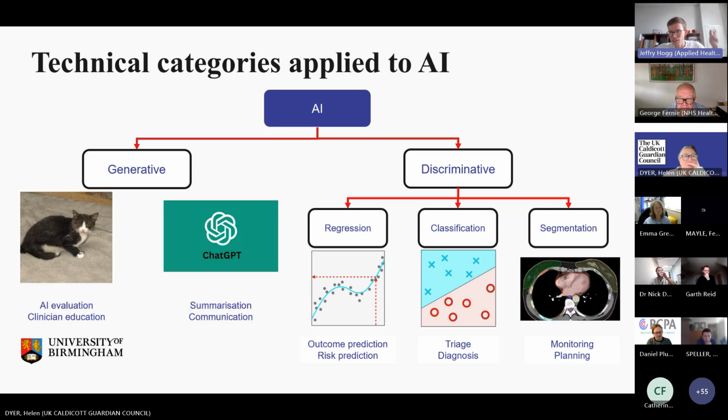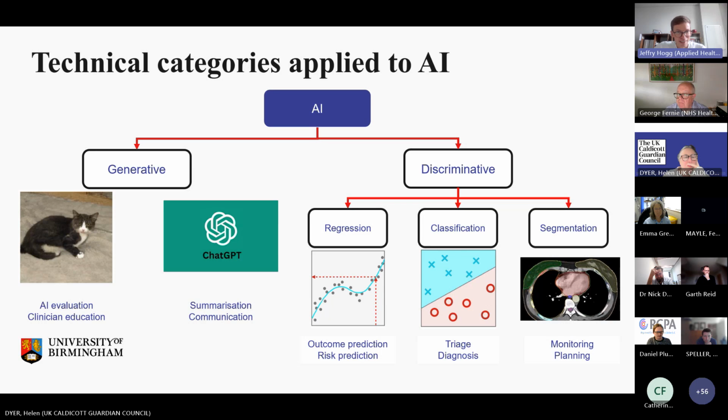So producing, say, image inputs to test a model on to see how well it does in certain cases. Or it can also be quite useful for clinical education. Say if there's a very rare disease, it's quite hard to get a medical image of that particular group of patients. You could have it generated by an AI model that provides examples.